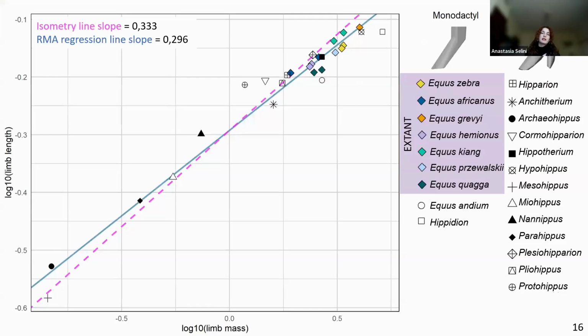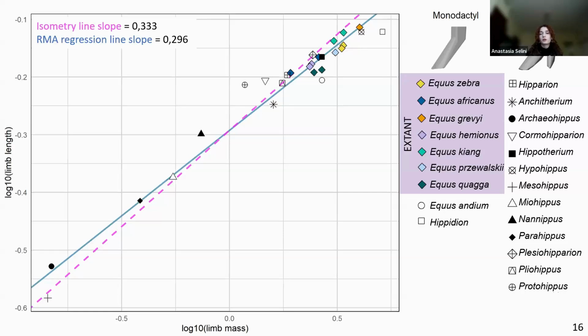So we plotted the log of the limb mass to the limb length, and we saw that there are allometric differences between the species. And we see that monodactyl liquids, that you see here, the colorful ones mostly, and also Hippidion, plot beneath the isometry line, meaning that they probably had more robust limbs, and they had a lower moment of inertia.